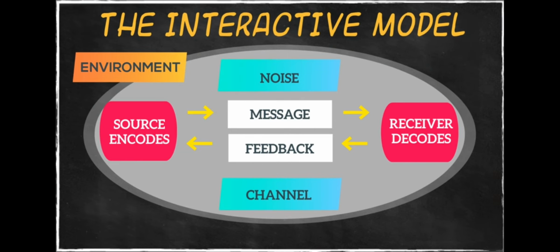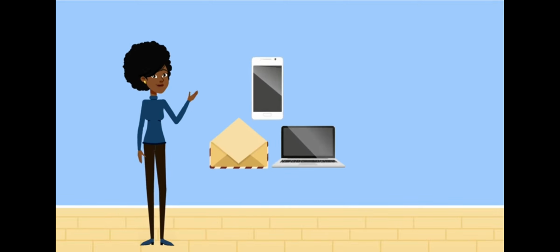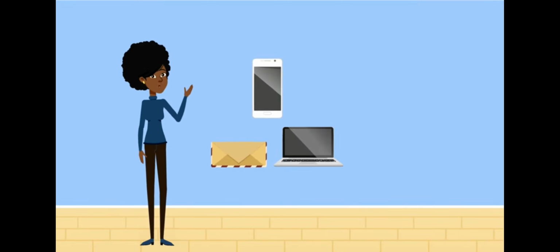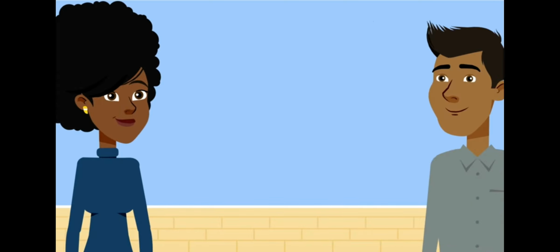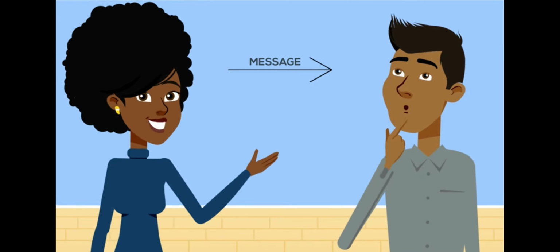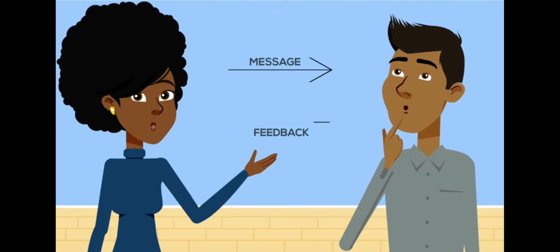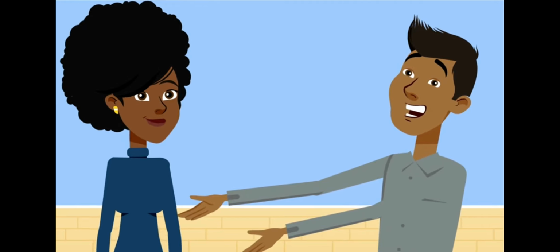Just like the linear model, the interactive model states that during communication, there is a source encoding a message, sending it through a channel, and a receiver that decodes the information. However, it also states, as the receiver is being sent a message, the receiver is also sending feedback to the source through their verbal and nonverbal responses to the message.